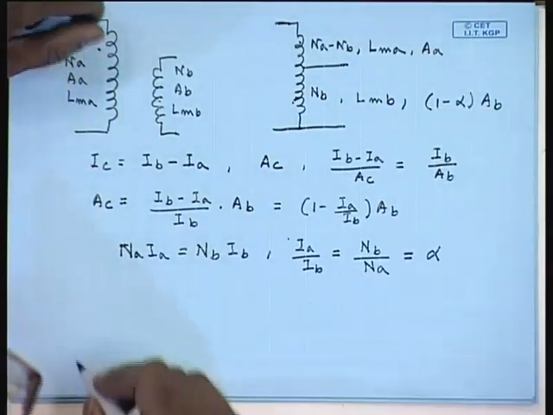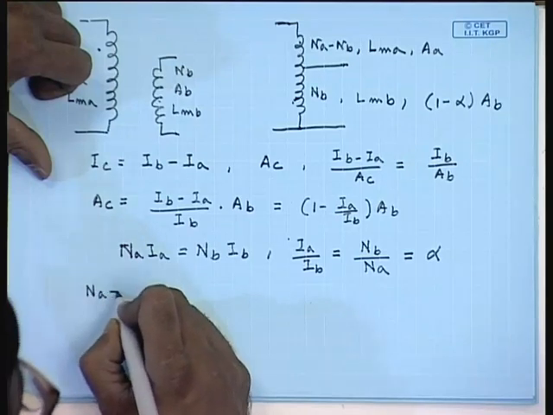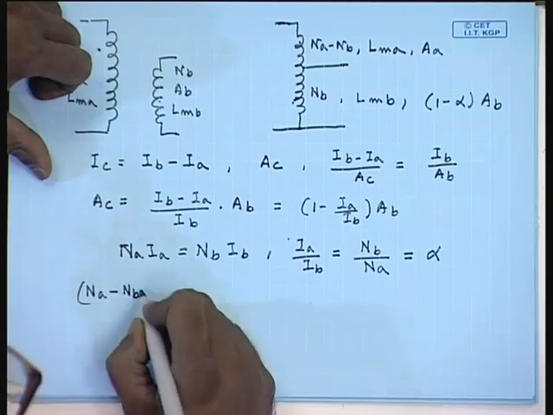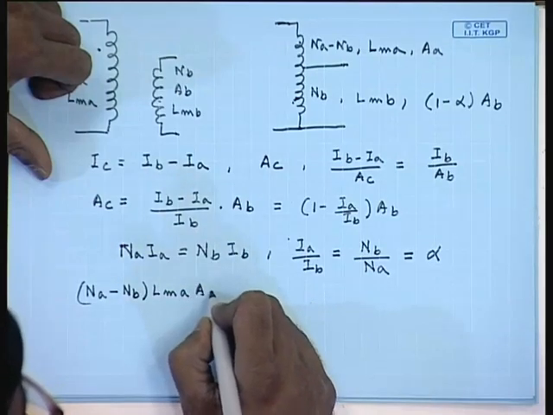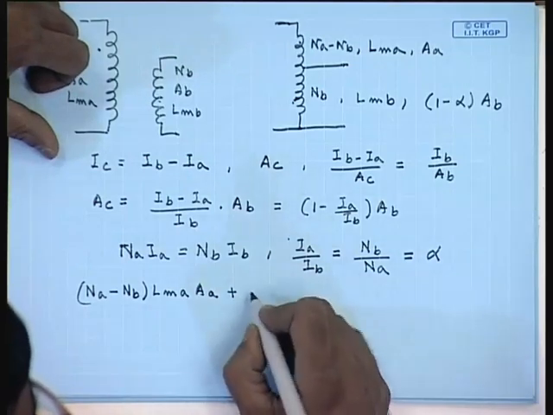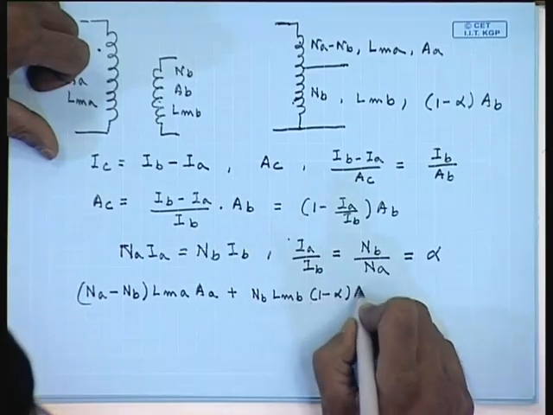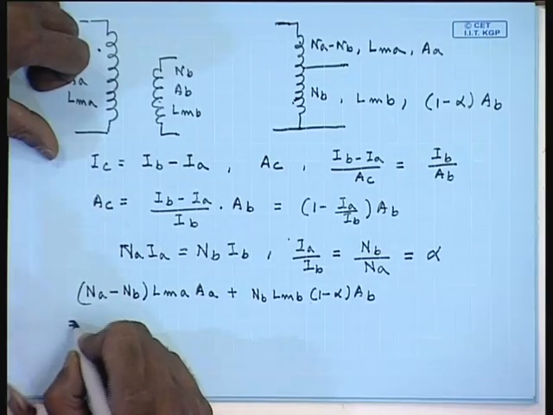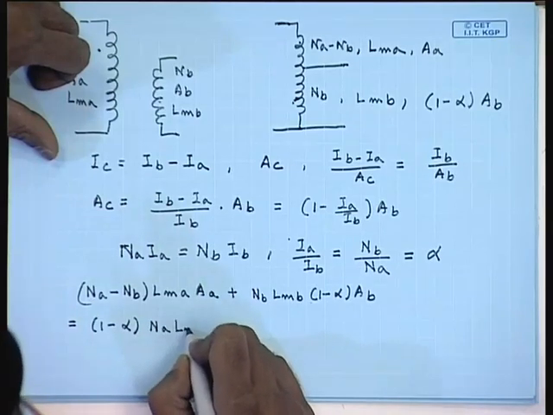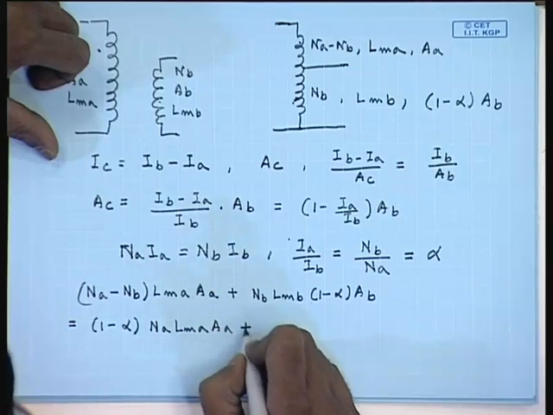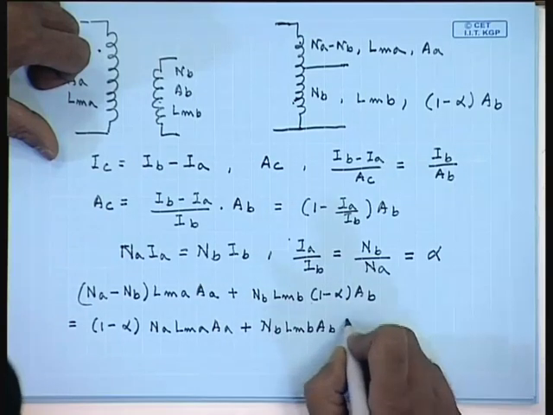Hence, the volume of the copper in the auto transformer will be (NA minus NB) into LMA AA plus NB LMB into (1 minus alpha) AB, equal to (1 minus alpha) into NA LMA AA plus NB LMB AB into (1 minus alpha).